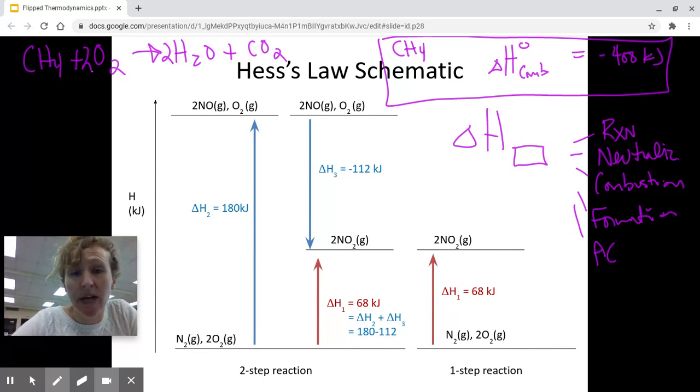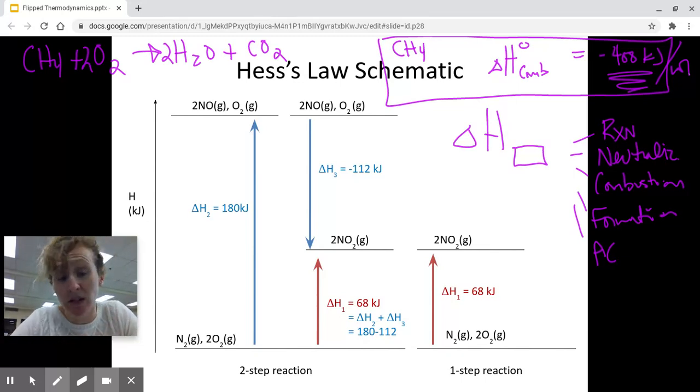That's the combustion reaction for methane. So the enthalpy of combustion for methane that they give you, which I made up the number, I'm pretending that it's negative 400 kilojoules per mole. That is for the reaction that we just wrote. So sometimes they don't give you the reaction because they expect you can write it yourself.